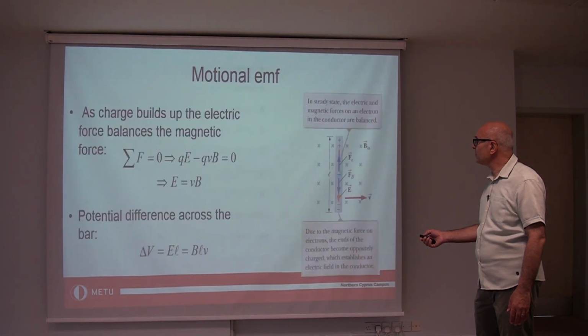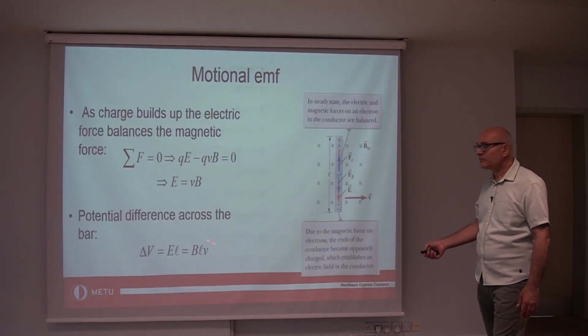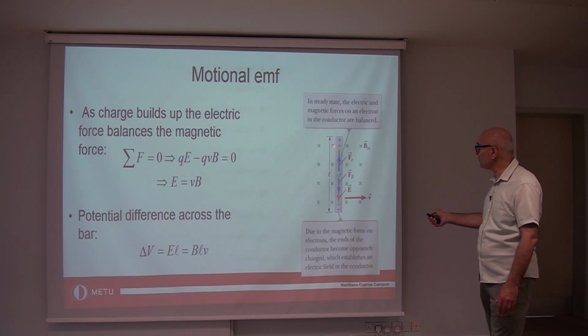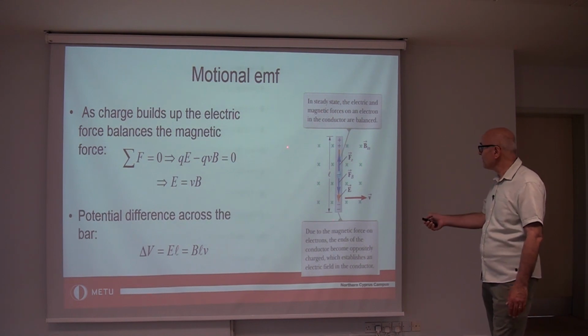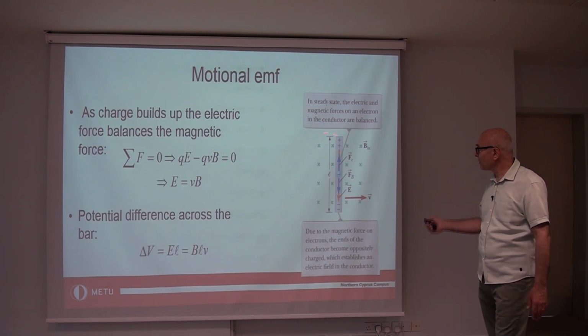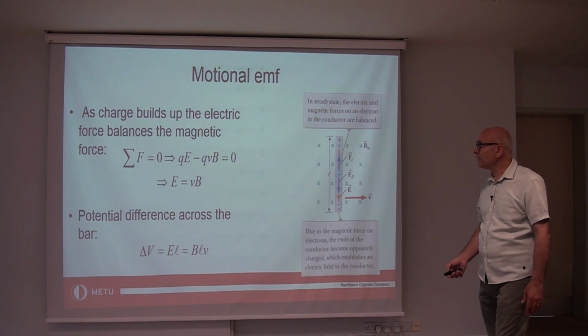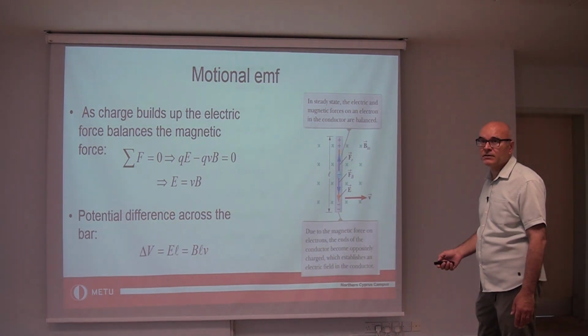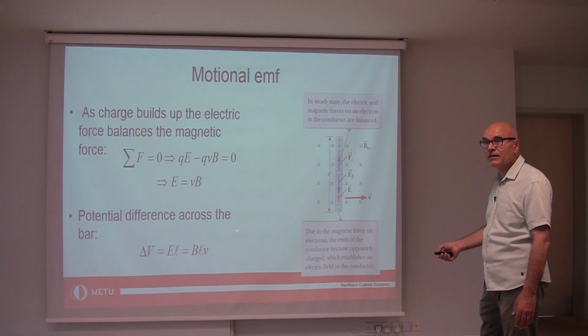Let me just remind you, this is the expression that we have got. When a rod of length L moves with velocity v in a uniform magnetic field perpendicular to it, this is the potential difference that is generated across it.